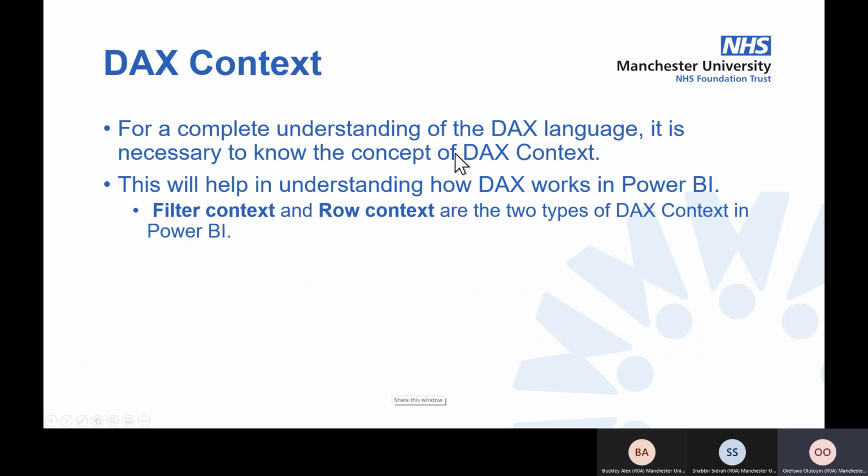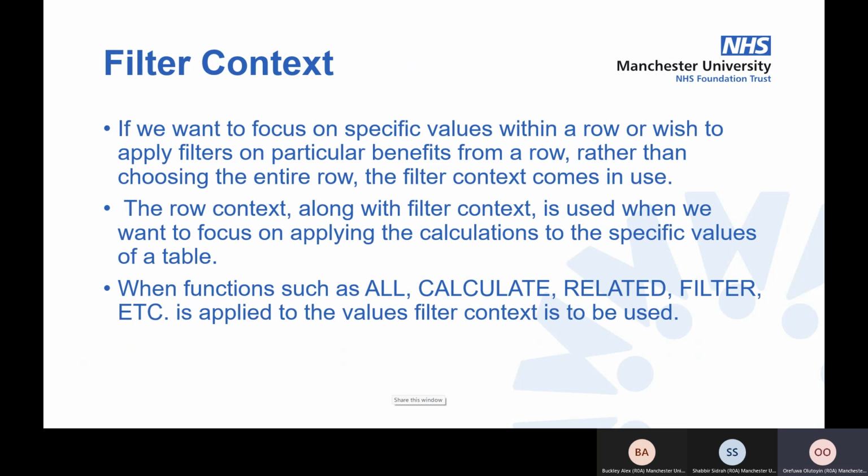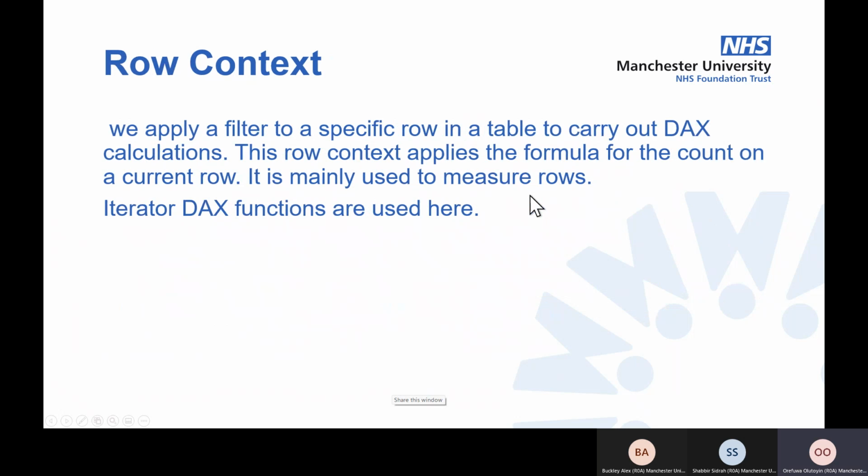Context. For a complete understanding of DAX, it is necessary to know the concept of DAX context. It will help in understanding how DAX works in Power BI. So like I said earlier, we have 2 types, filter context and row context. Filter context: if you want to focus on a specific value within a row or wish to apply a filter on a particular benefit from a row, rather than choosing the entire row, the filter context is used. And row context, we apply a filter to a specific row in the table to carry out a DAX calculation.